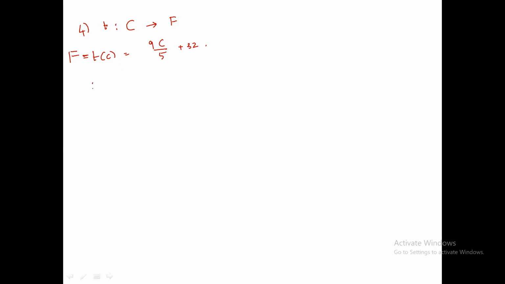So first you have to find T of 0. That means in place of Celsius you have to put 0. 9 into 0 by 5 plus 32. That is 0 plus 32, which is 32. That means when Celsius is 0 degrees, then Fahrenheit will be 32 degrees Fahrenheit.